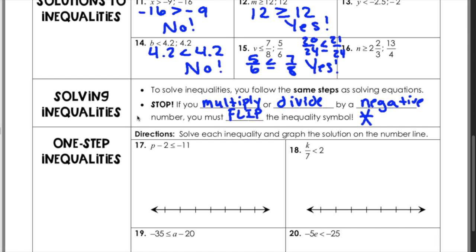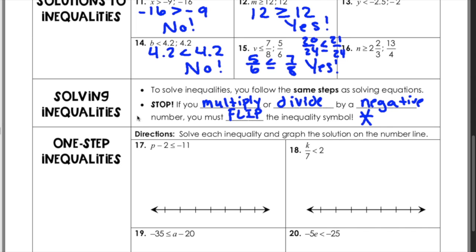The reason why we have to flip the inequality symbol is because when you multiply or divide a number by a negative, you are essentially taking the opposite. You make that number become its opposite. Well, if you don't flip the inequality, it's going to end up being untrue. So if we are taking the opposite of both numbers on both sides of the inequality, we also have to take the opposite of the inequality that we're dealing with. So we end up having to flip it.